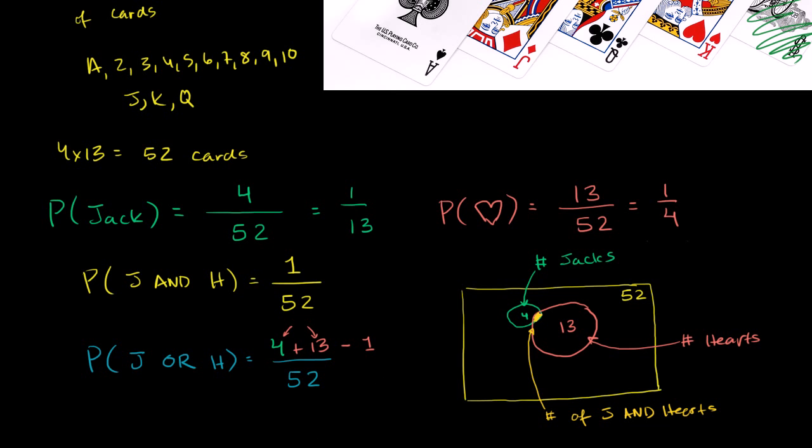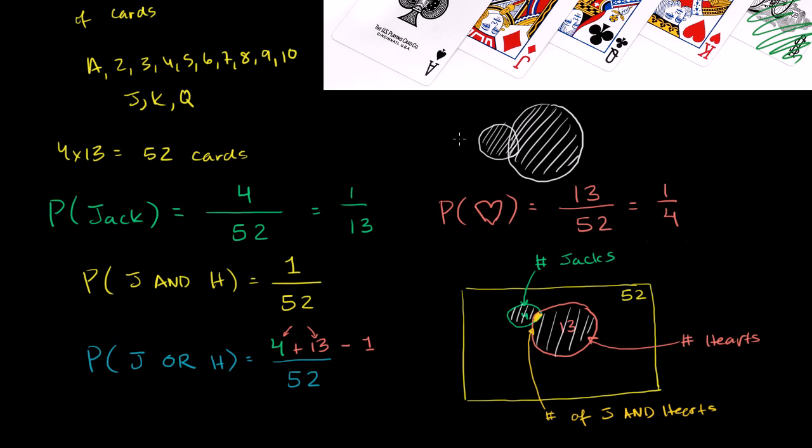Another way to think about it is you really want to figure out the total area here. Let me zoom in, and I'll generalize it a little bit. If you have one circle like that, and another overlapping circle like that, and you wanted to figure out the total area of both circles combined, you would look at the area of this circle and add it to the area of this circle.